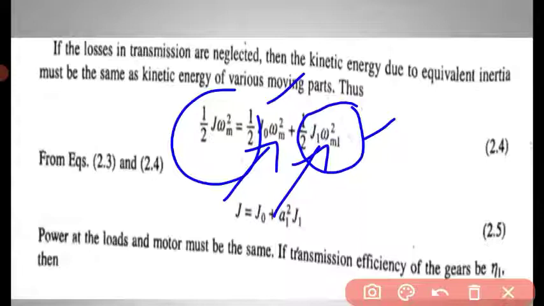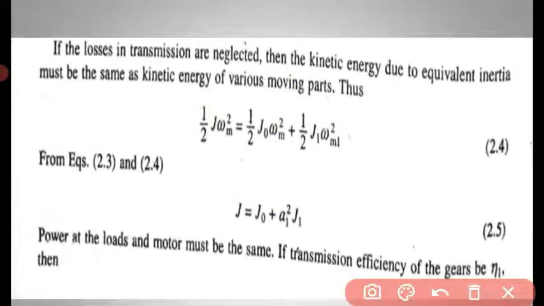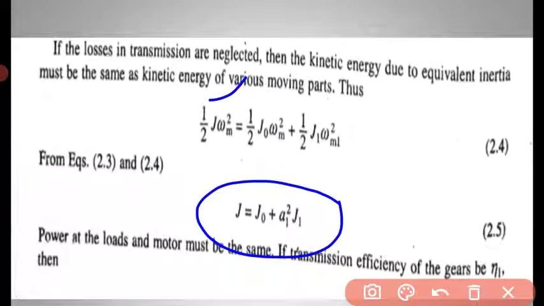Now the moment of inertia J can be obtained: the omega m square gets cancelled, right? So what we will get is this equation, J is equal to J naught plus A1 square J1.